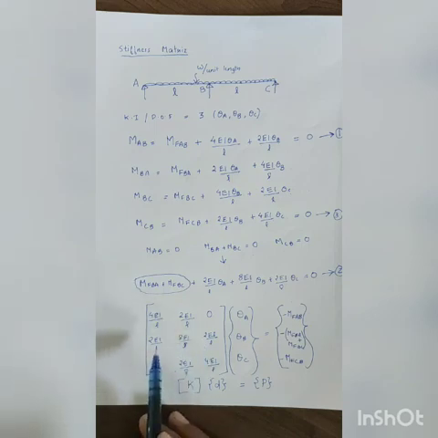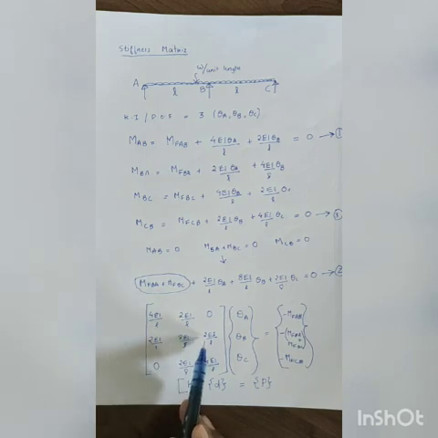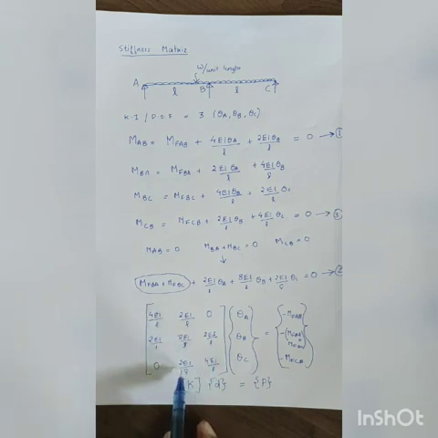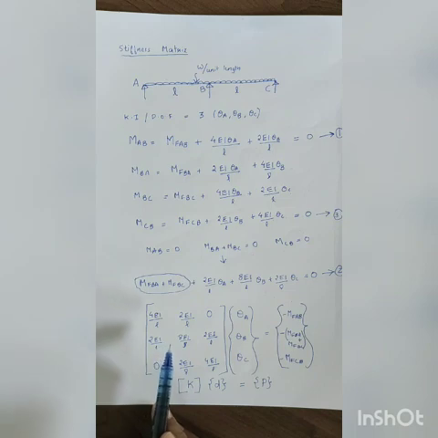The other off diagonal elements are only 2EI by L. And it is a symmetric matrix. You can see that K_ij is equal to K_ji. You can see 2EI by L here, and also 2EI by L here. And all the diagonal elements are always positive. The matrix obtained by stiffness analysis will always be a banded matrix.